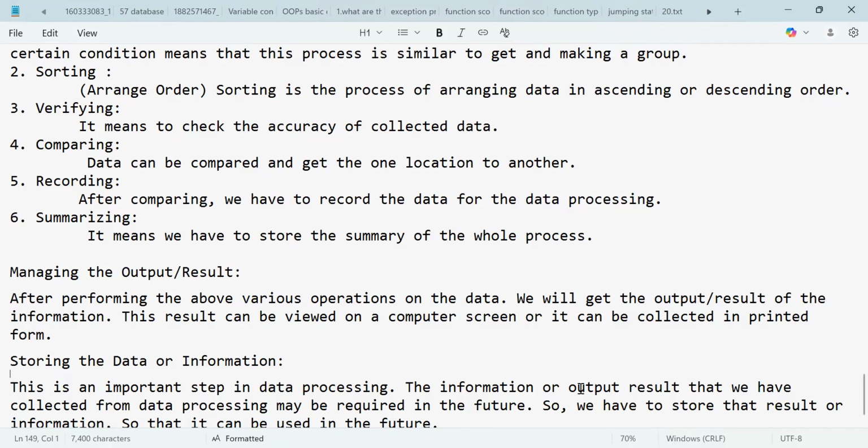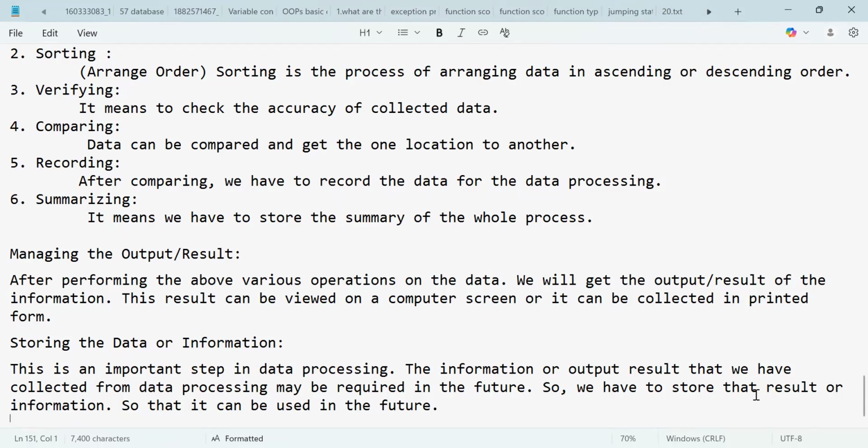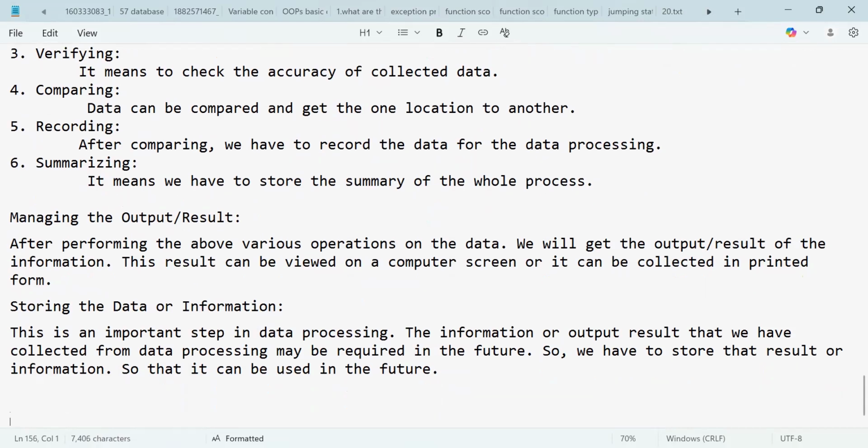The information or output results that we have collected from data processing may be required in the future. So we have to store those results or information so that they can be used in the future. For future use, the data will be stored in a memory location after processing, calculating, summarizing, and managing.